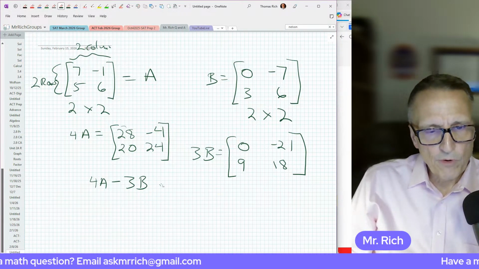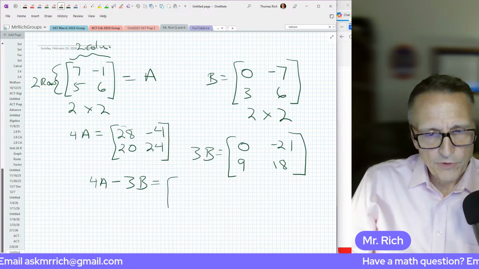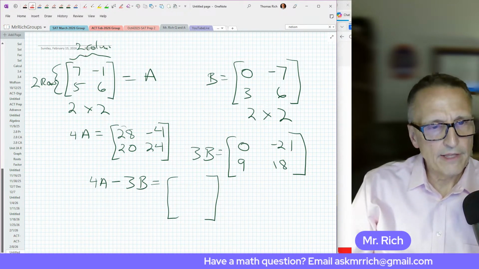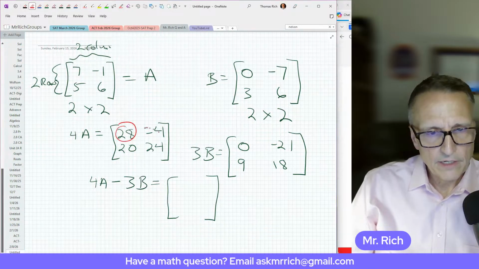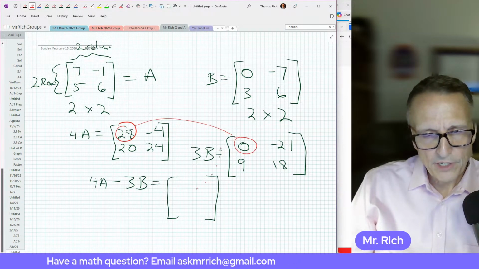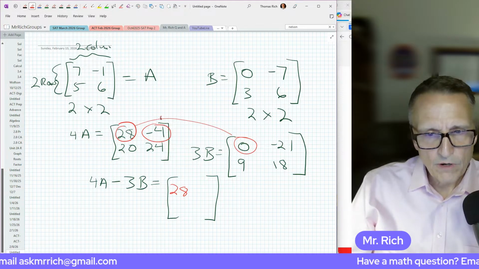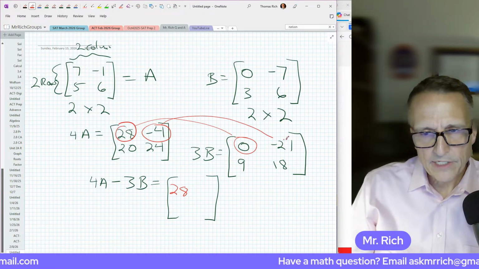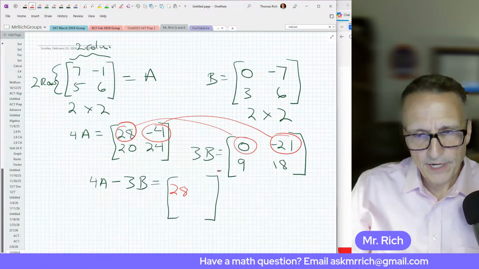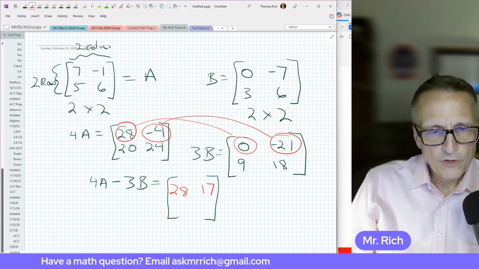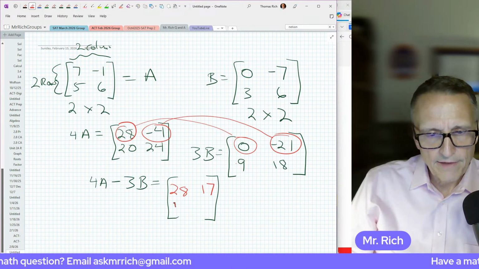So therefore, this matrix is going to be a 2 by 2, where I will take then 28 minus 0, -4 minus negative 21. That would be negative 4 plus 21. That would give me a 17. 20 minus 9 is 11.